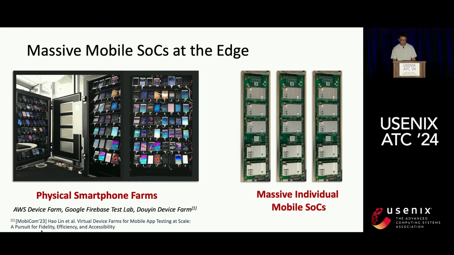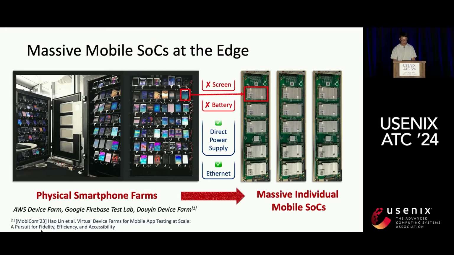In this study, we propose grouping multiple individual mobile processors at the edge by removing the burdensome screens and batteries, and providing direct power supply and Ethernet to them. This reduces space usage and enables denser computing unit integration at the resource-constrained edge, with more stability and higher energy efficiency.